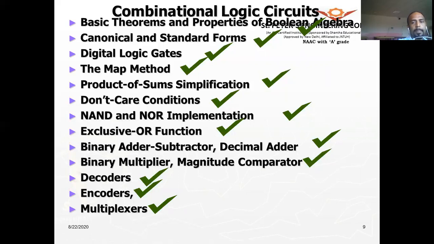So with that, we end the discussion on this unit, combinational logic circuit. This is unit 4. In the next session, next is unit 5, which is the sequential logic circuit.